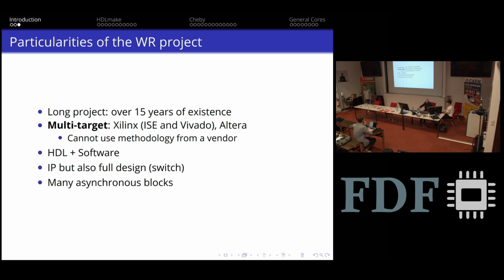So we cannot take shortcuts and blindly follow what vendors are selling as a good way to do a design. White Rabbit also has an HDL part and a software part, and they are both equally important.